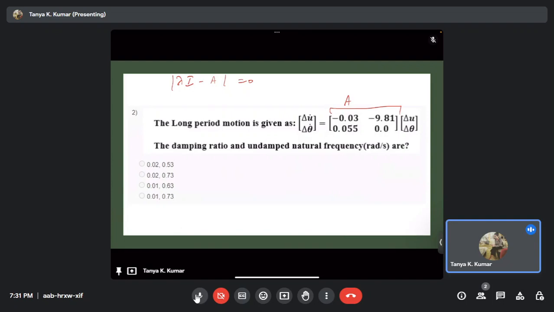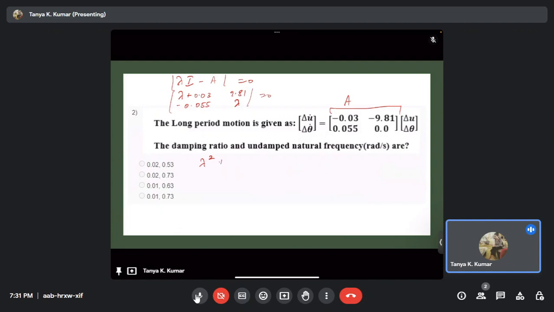So let's just try doing this. So what do you get? You get lambda plus 0.03, 9.81, minus 0.055, lambda here, correct? This determinant equals 0. So it's really simple, right? Just find the equation.